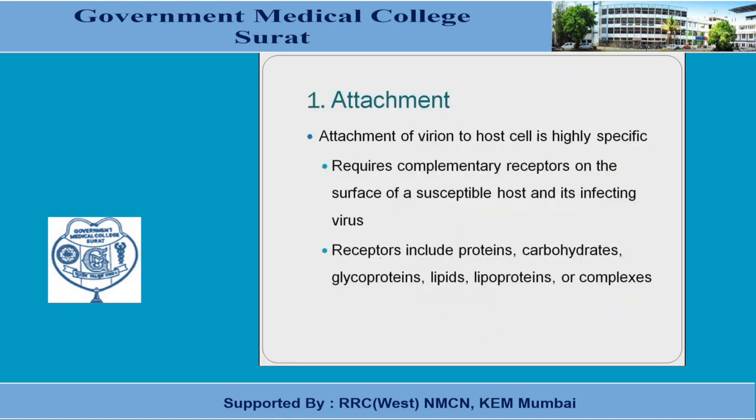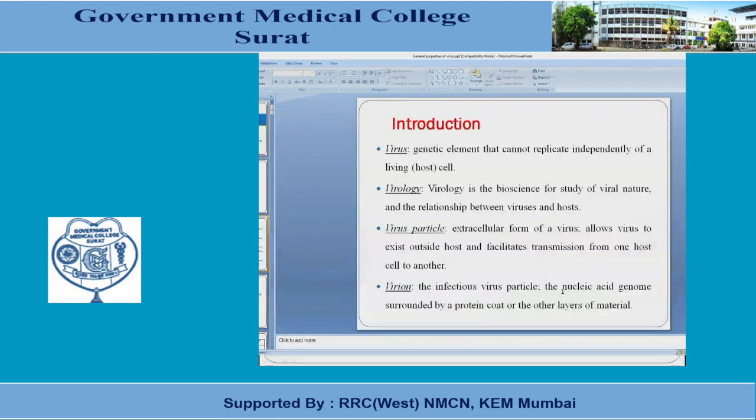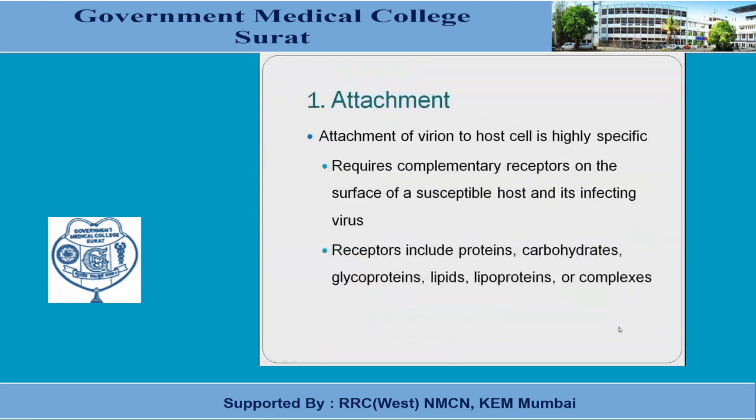The attachment of the virion to the host cell is highly specific. It requires a complementary receptor on the surface of the susceptible host cell for the infecting virus. So for infectivity, the complementary receptor must be there. Receptors include protein, carbohydrate, glycoprotein, lipid, lipoprotein, or complexes.